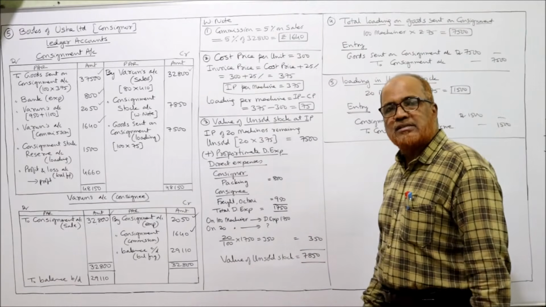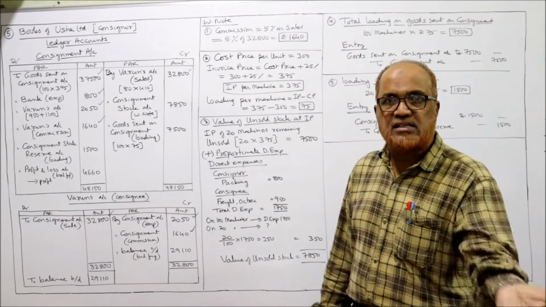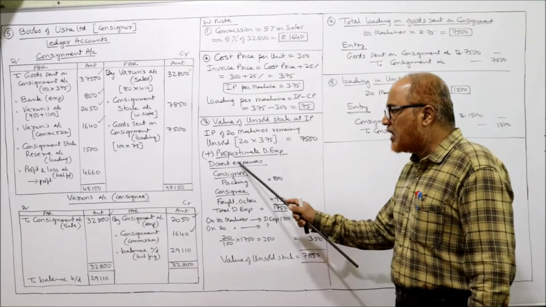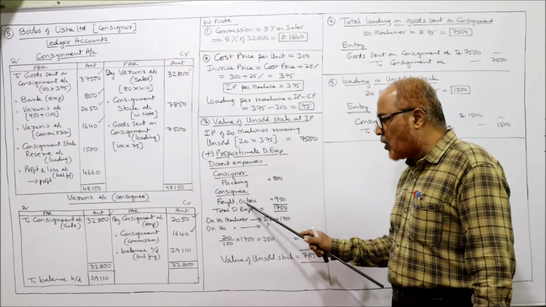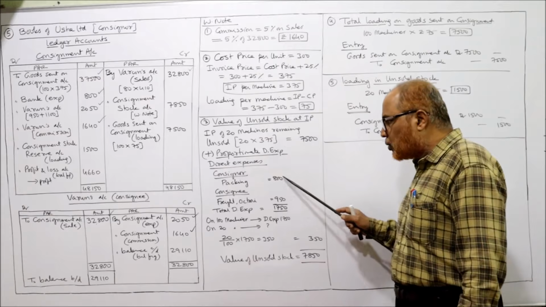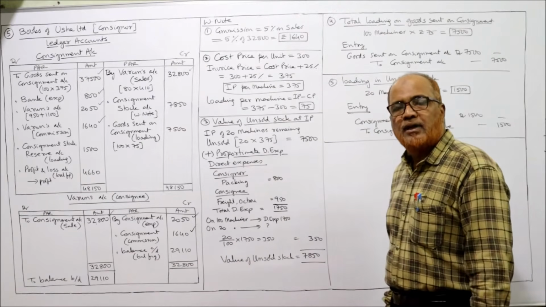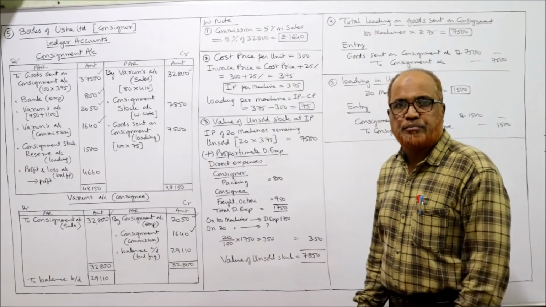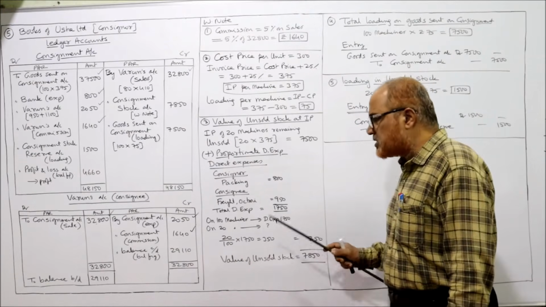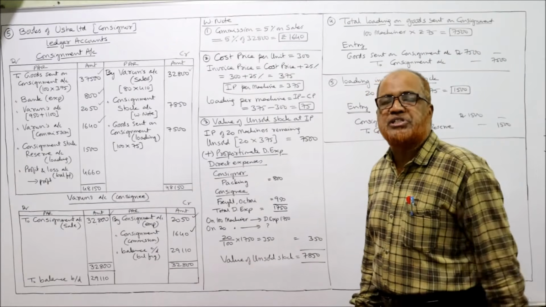Proportionate direct expenses. Now see, direct expenses are spent by the consignor as well as consignee. So consignor has spent packing 800. Consignee has spent on freight octroi 950. So total direct expenses are 1750. But we require proportionate. This 1750 is the total direct expense incurred on all the machines sent.